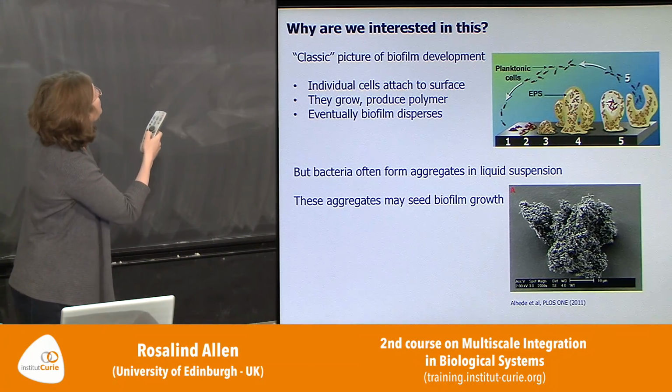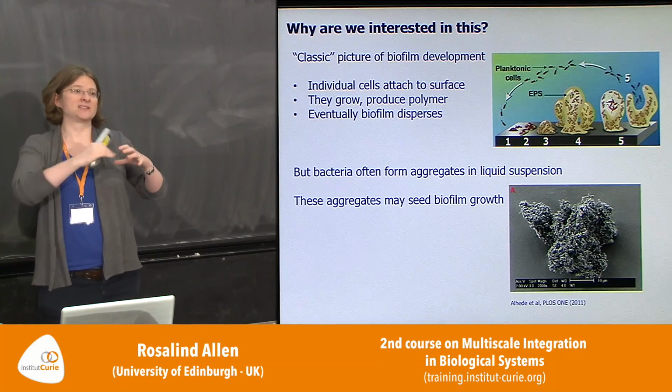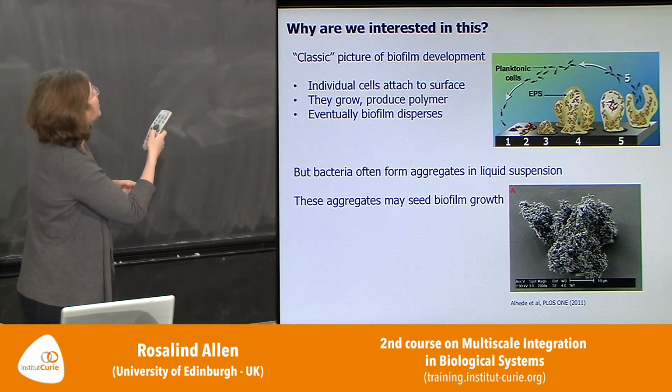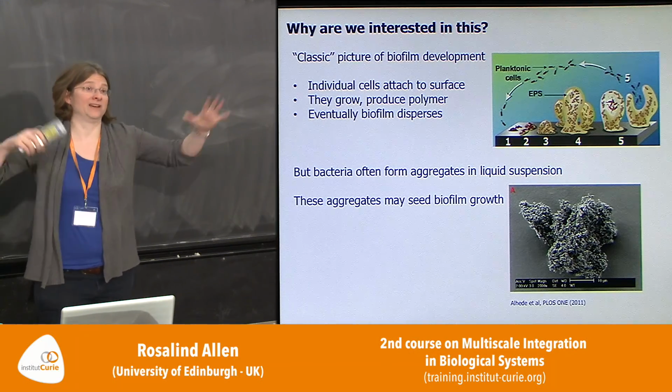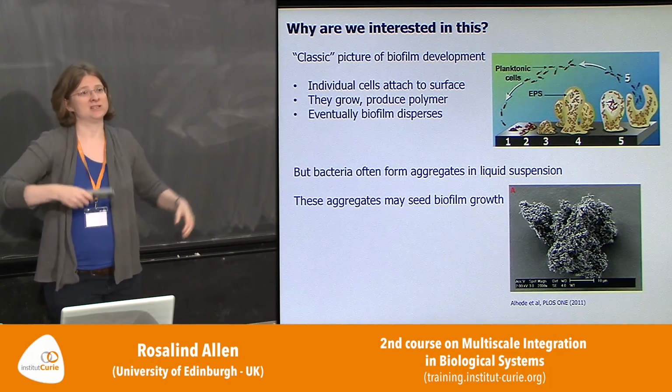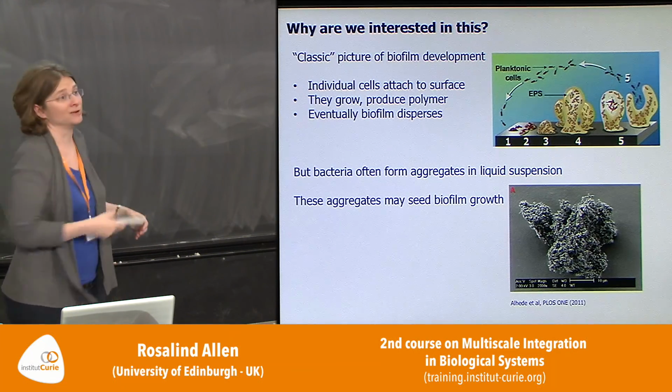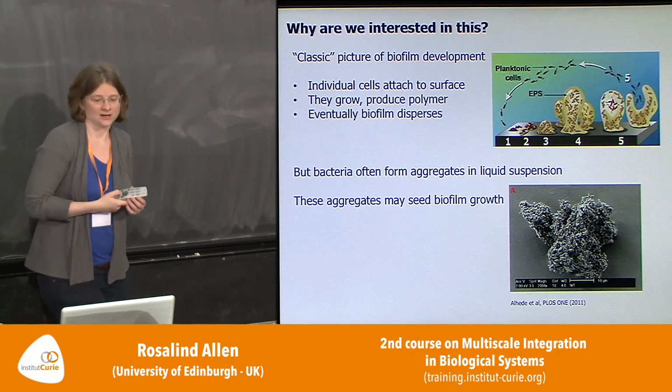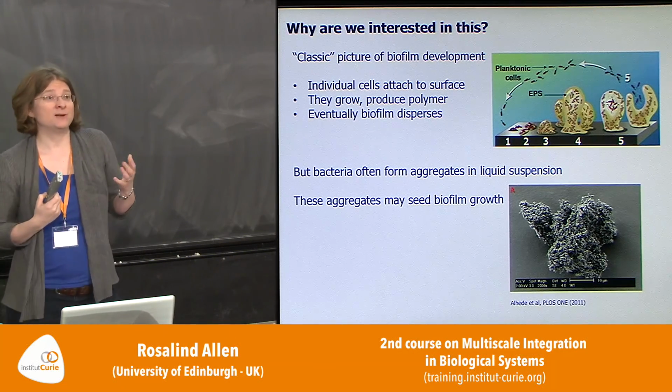Then you get structures developing, which consist of bacteria plus sticky polymer. At some point, after they get big enough, there's a dispersal event, which is not particularly well understood. The biofilm sheds new single cells, which swim off and form new biofilms somewhere else.